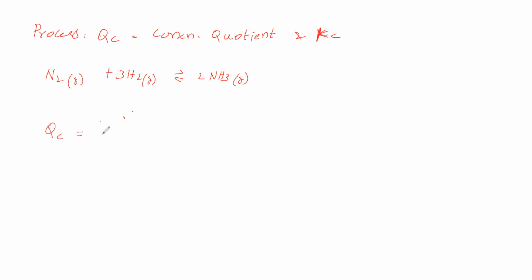QC is equal to, in the numerator, the right side: ammonia, power 2. The left side goes in the denominator: N2 into H2 power 3, the power being the coefficient 3. That is the expression for QC.